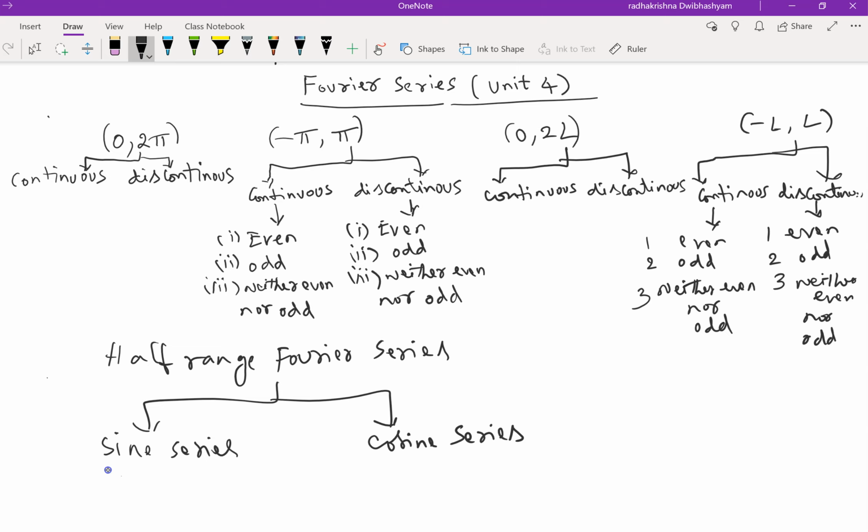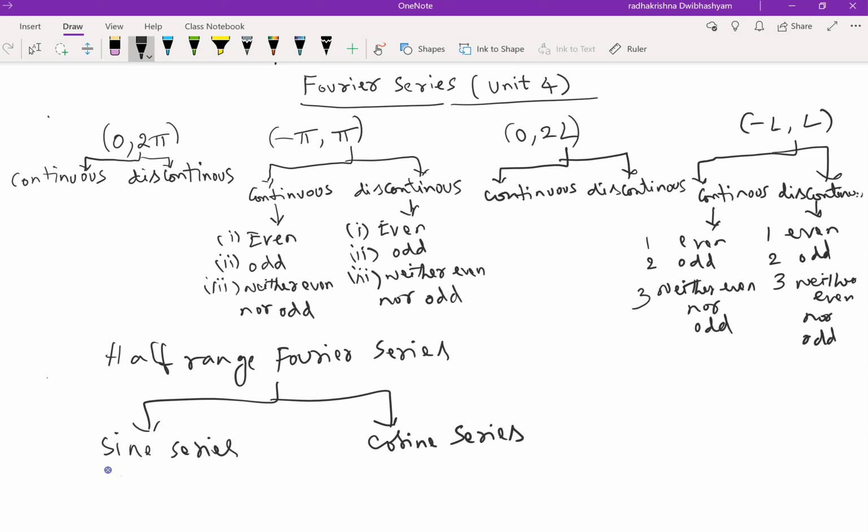So these five concepts we are going to study in the interval 0 to 2 pi, minus pi to pi, in the interval 0 to 2L, and in the interval minus L to L. The last concept is half range Fourier series.